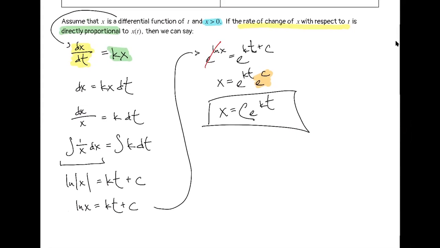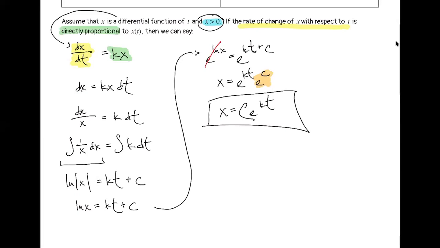So this process here, are there any questions about this process? Yes, for the previous one, we kept the absolute value when we canceled the e and the ln. But for this one, we didn't. Yes, that is correct. Is there a specific reason why? Yeah.